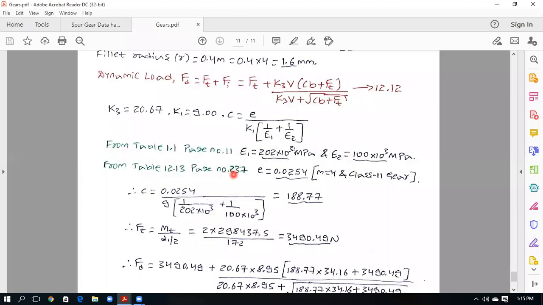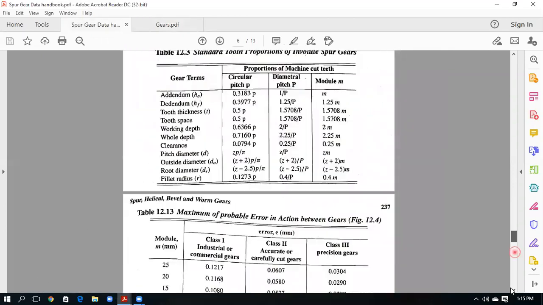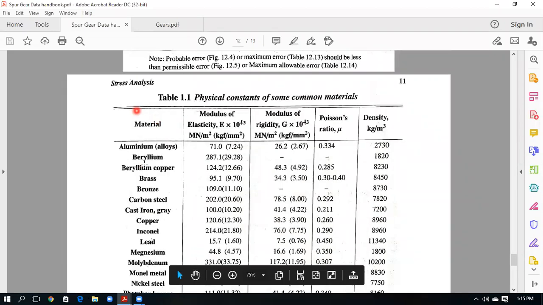E1 is the Young's modulus of elasticity for the pinion, and E2 is the modulus of elasticity for the gear. You will get that from page number 11, table 1.1. It depends upon which type of material they have used for pinion and gear. If you see that table, they have mentioned the types of materials. You have to see which material is given.